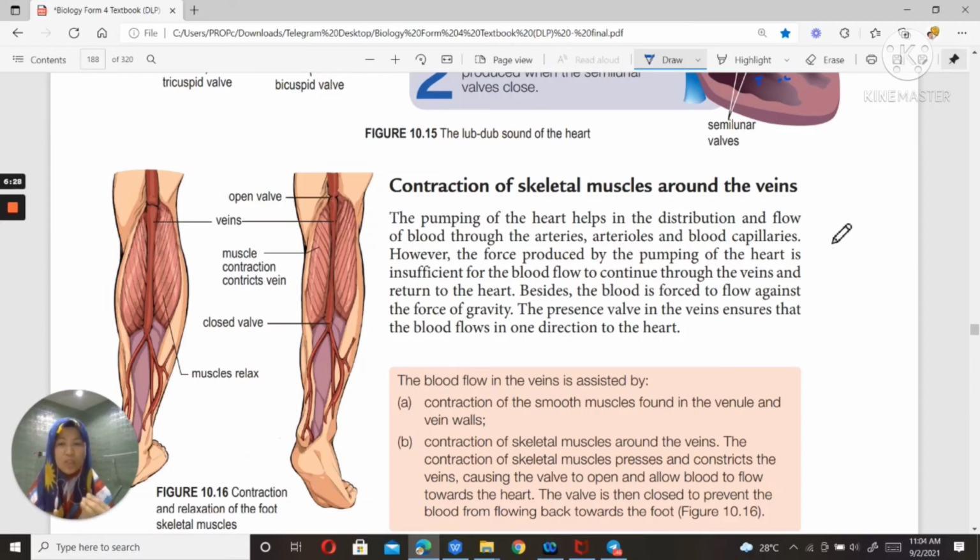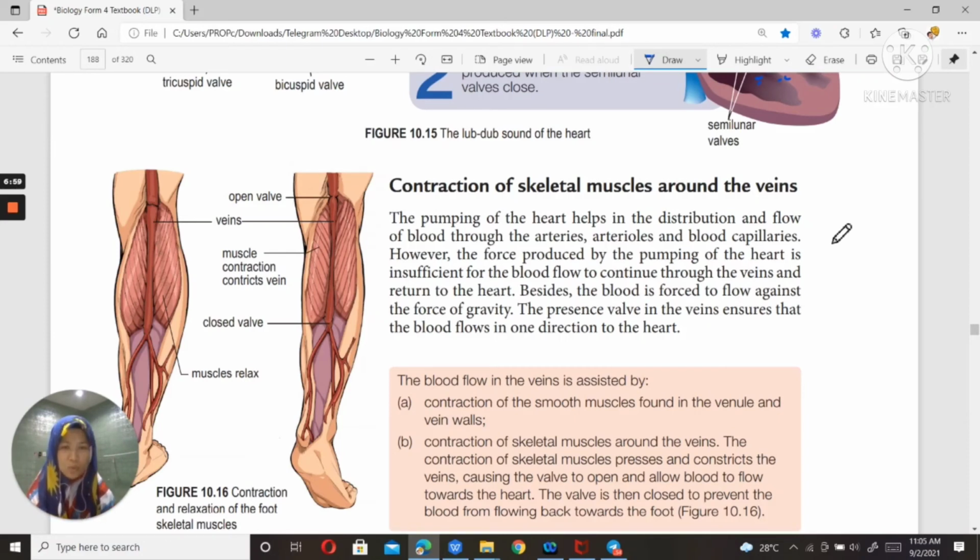However, to return the blood back into the heart, involving the veins, the pumping of the heart is not sufficient, tak cukup, for the blood flow to continue through the vein and return to the heart. So, pengecutan otot pada jantung tu tak cukup kuat lah untuk kembalikan darah kepada jantung.